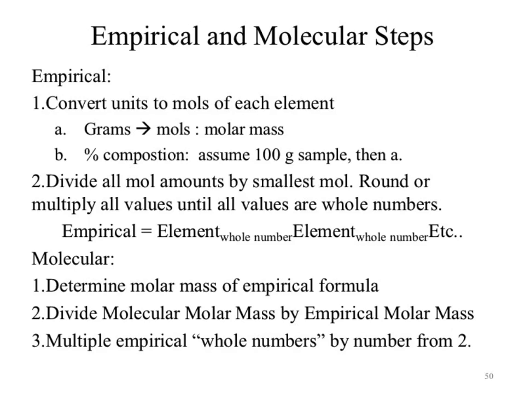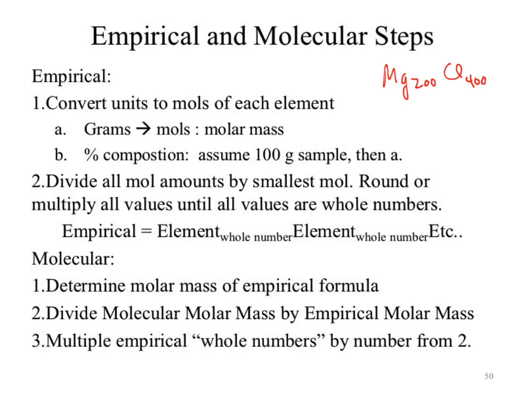Once I'm in units of moles for each and every single one of my elements, I'm then going to divide all of the mole amounts by the smallest mole. What does that mean I'm going to do? If I had MgCl2, Mg 200, Cl 400. So the moles I got was 200 moles of magnesium and 400 moles of chloride.